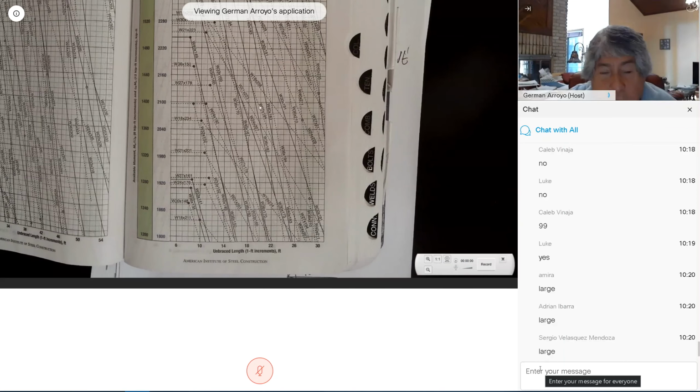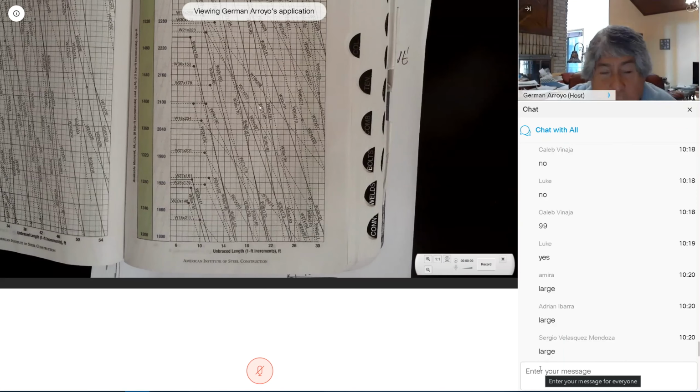And you have to be very close. The solid line is the lightest section. So what is the section that you find when you go with 16.81 feet and 1877, and you have to eyeball it? W40 by 167. Okay, anybody else? W36 by 160.